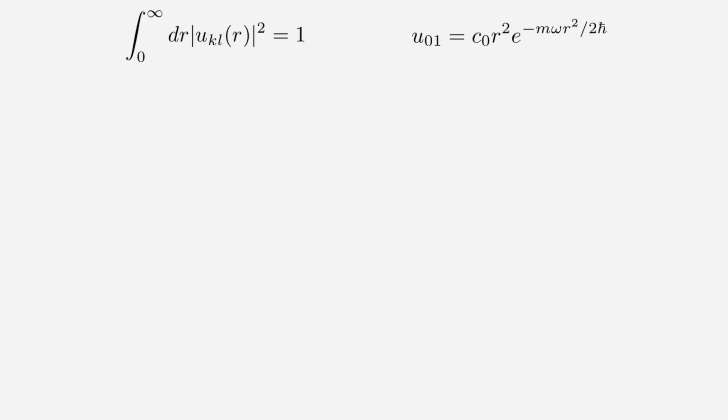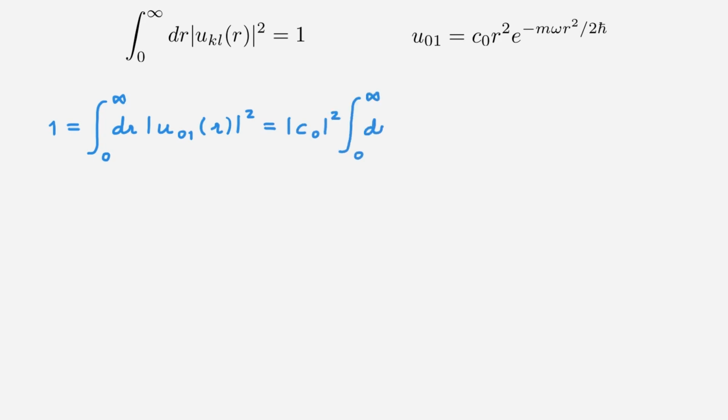We again determine C0 by normalizing the function u. Inserting the expression we have for u into the normalization integral, we get this expression. We can again evaluate this expression using a standard Gaussian integral, and skipping a few manipulations, we get this.